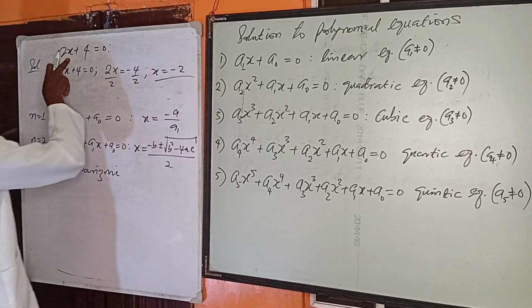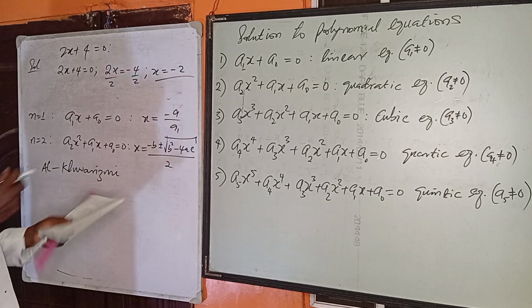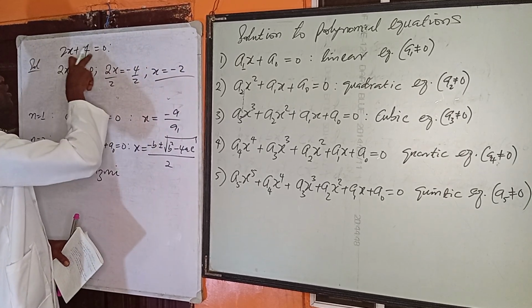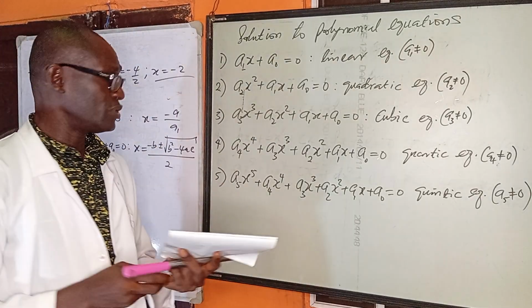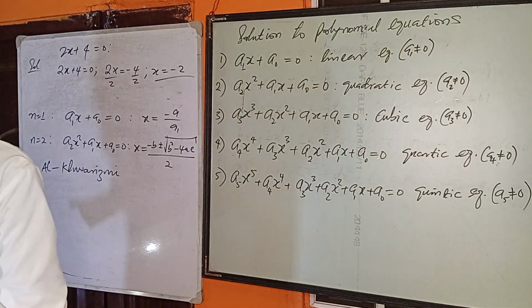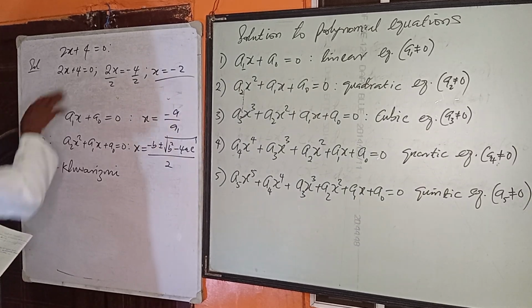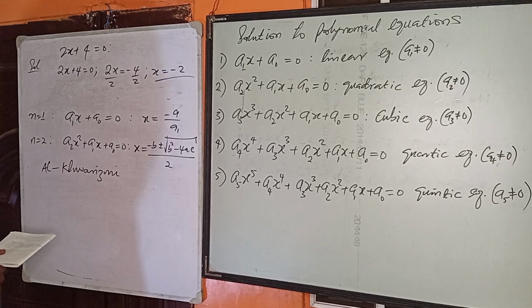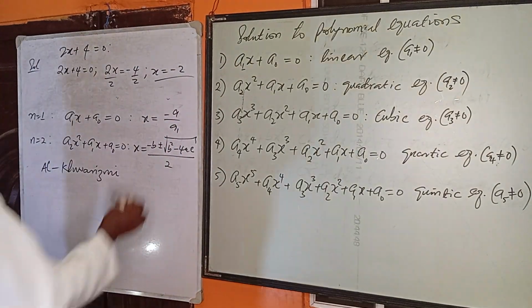So if I substitute minus 2 here and solve, I'll have 0. So x equals minus 2 is actually the zero of this equation, or you can call it the root of that equation. Now I think we should leave the linear equation case, knowing that it is quite elementary. So now we'll move over to quadratic equation.